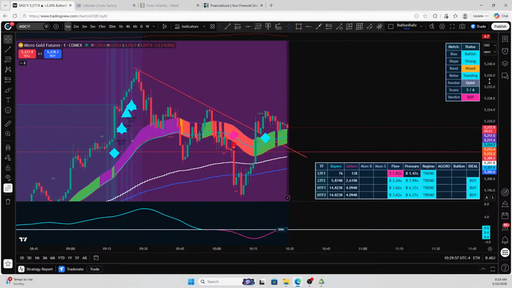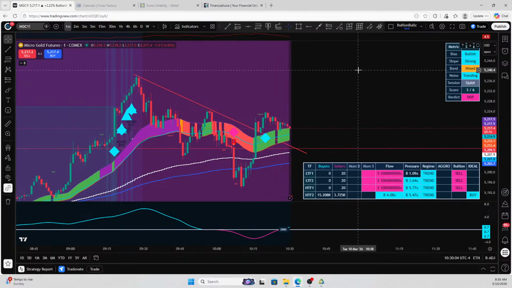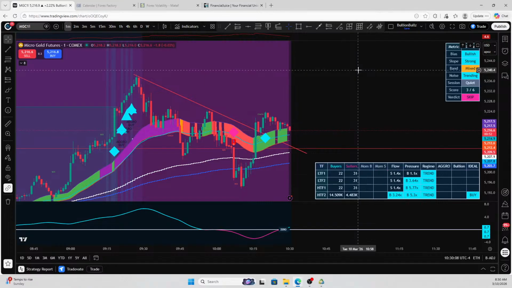So right now, price is looking bullish. Pressure is above 2. We're going to be waiting patiently for our trade setup to form, and then we'll take the trade.